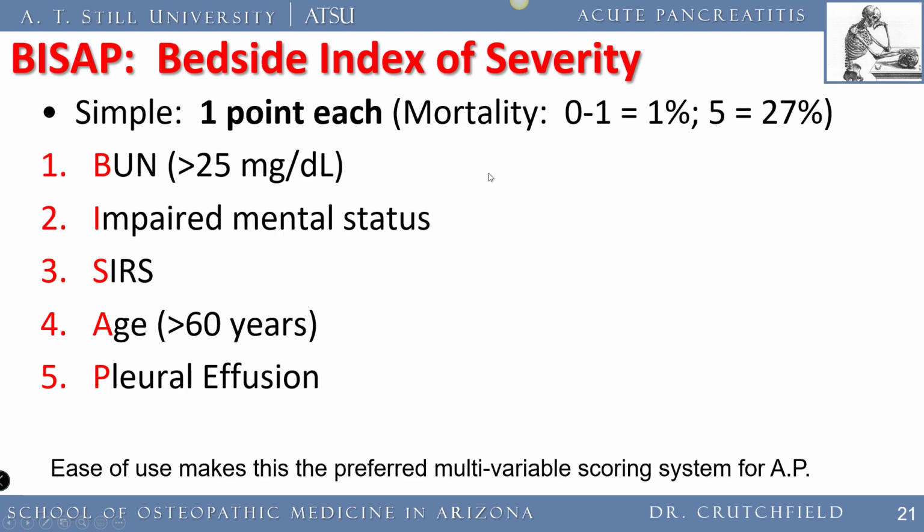They get a point each for each of these: if the BUN is greater than 25, if they have an impaired mental status, if they have systemic inflammatory response syndrome, if their age is greater than 60 years, and if they have a pleural effusion. They get a point if they have any of those. And that is the ease of use of this grading system. It's reproducible, and this is probably the most common and most preferred.